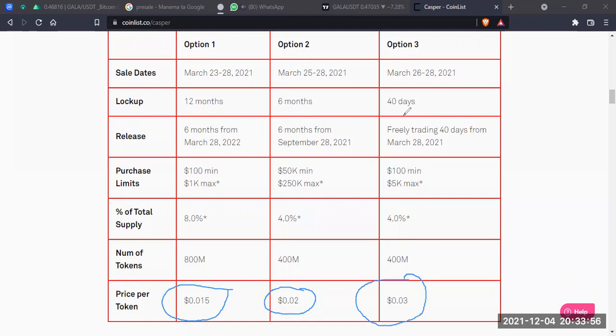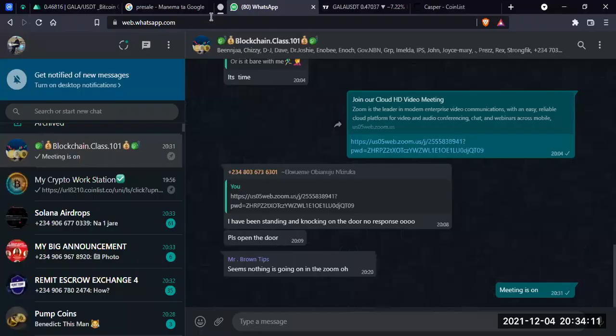This was the first pre-sale token I bought when I joined crypto in March. Okay, I wanted to show you some calculations with my calculator here.